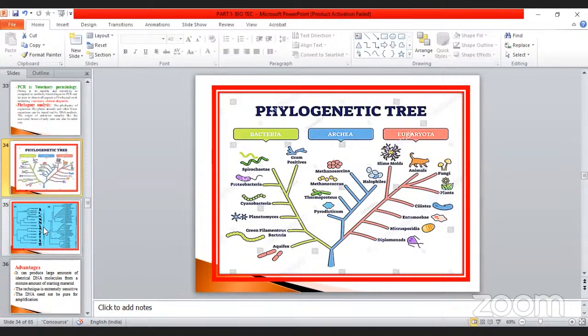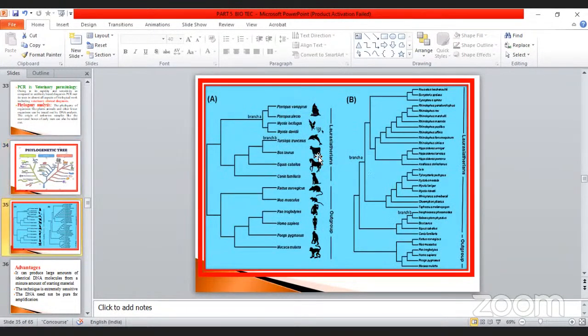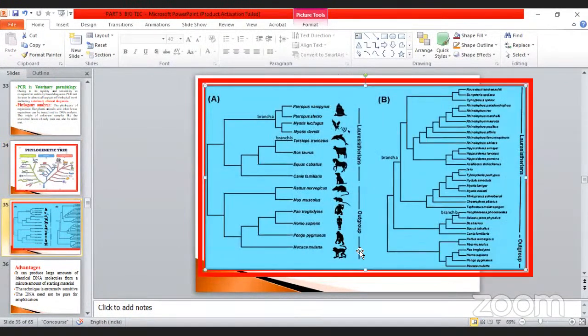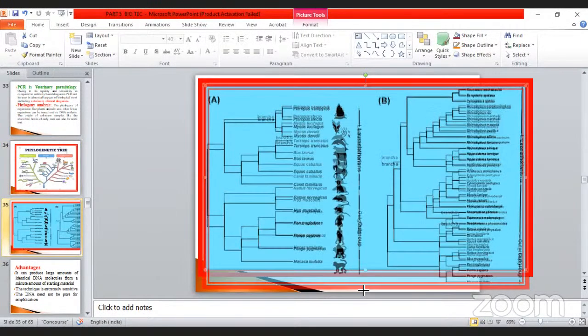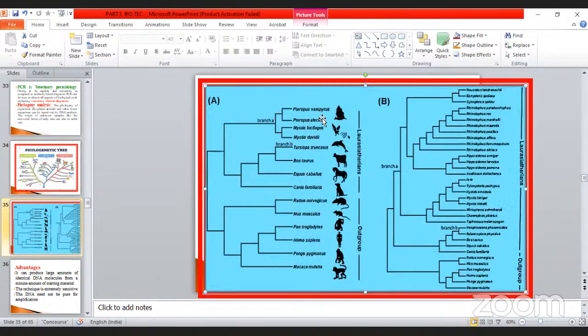See the next one, you can easily understand. Just imagine in this part. Here the Pteropus vampyrus, Pteropus alecto. Okay, these are all the same category.